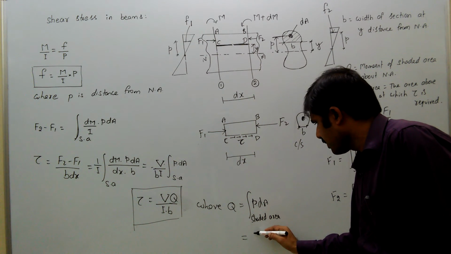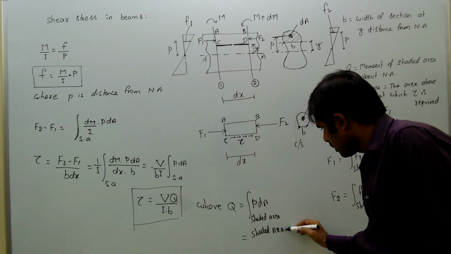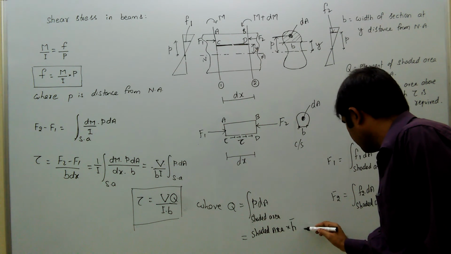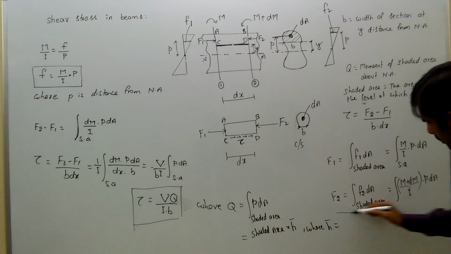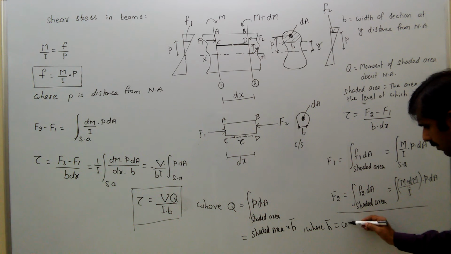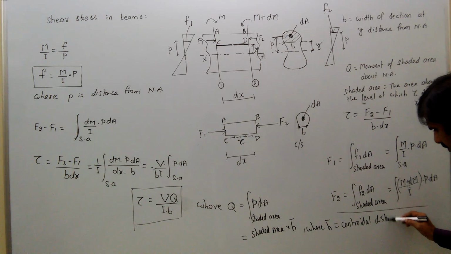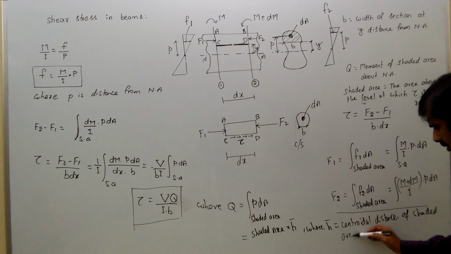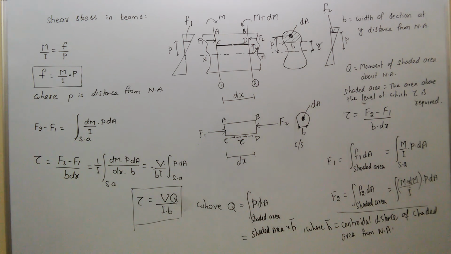This is equal to the shaded area into h bar, where h bar equals the centroidal distance of the shaded area from the neutral axis.